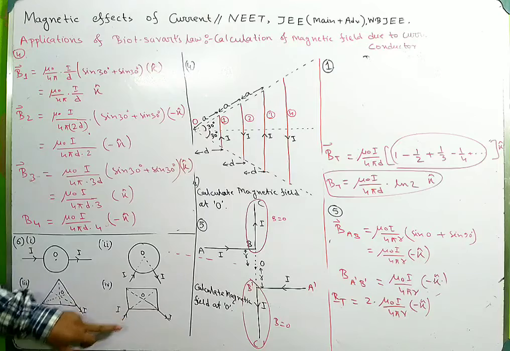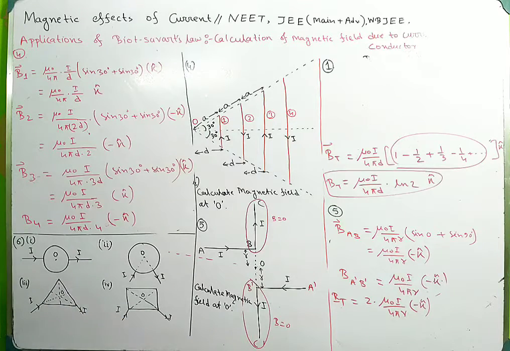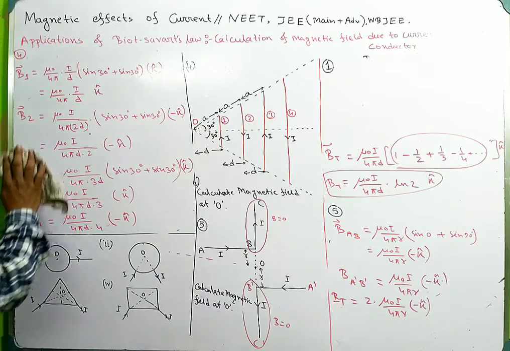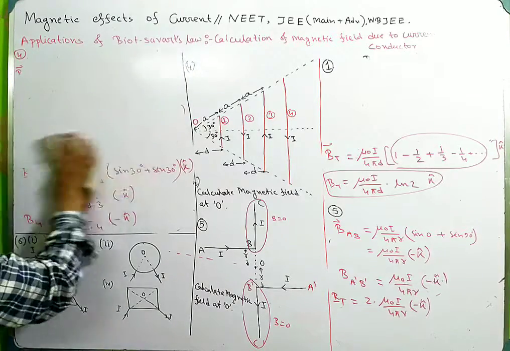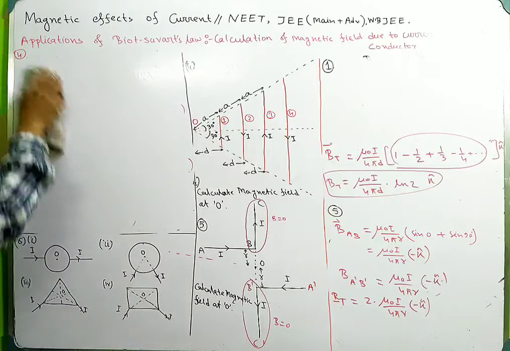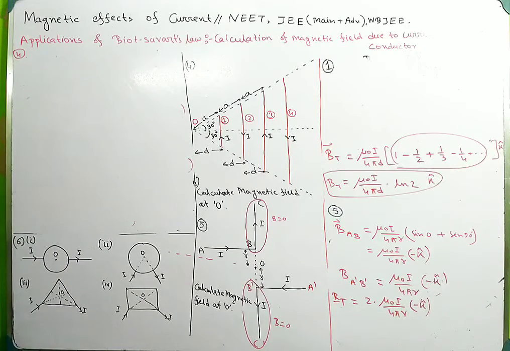Now for this case, problem number 6. Current will pass through this portion and through this portion.